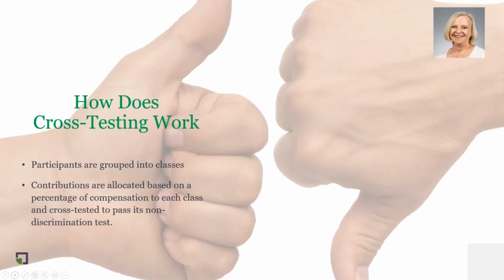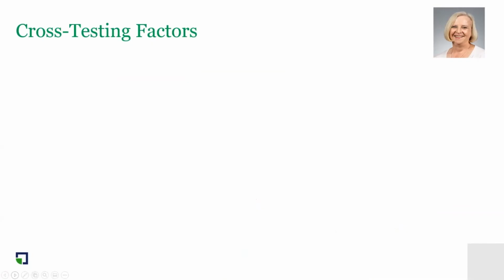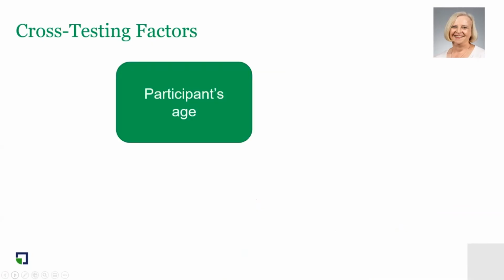A few examples of this class grouping could be highly compensated employees and non-highly compensated employees. If you're a doctor group, it could be physicians in one group and staff in the other. If you are a legal group, you could have attorneys in one class, paralegals in the next, and then the rest of the staff in the third one.